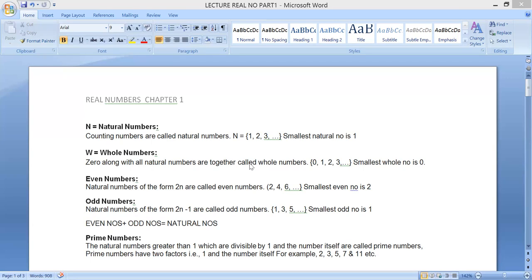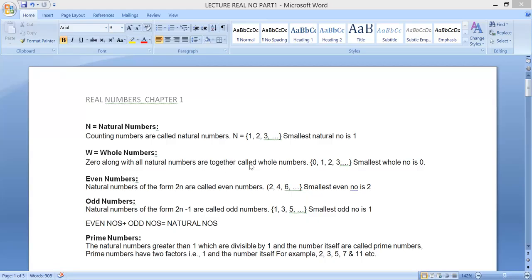This is the exact definition. Or you can say that numbers which are divisible by 2 are called even numbers. If I ask you the smallest even number, you will say the smallest even number is 2. Again, there is no end of the even numbers.